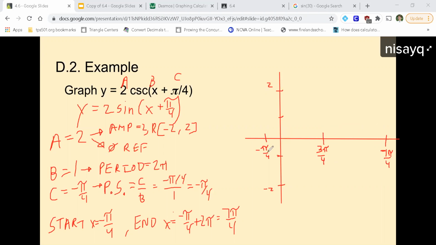Our quarter wave point, again, add these two together and divide by 2. 2 pi over 4 divided by 2 is pi over 4. And our three-quarter point would be 5 pi over 4. Or basically, take your period, 2 pi, and divide by 4, and you get pi over 2. So every pi over 2, or 2 pi over 4, is when you move to the next critical point.